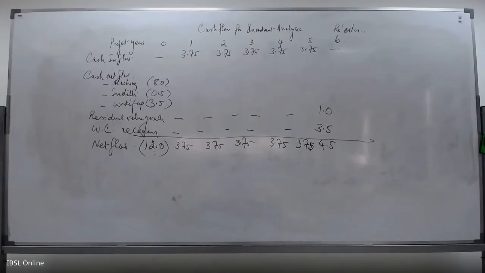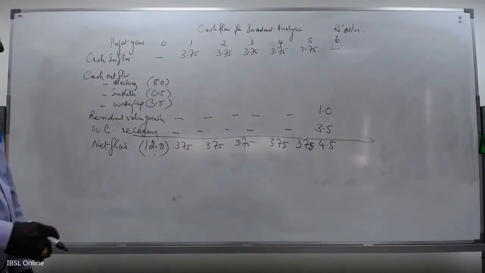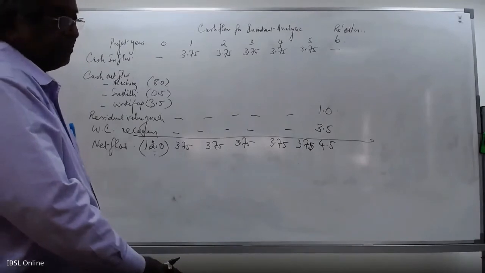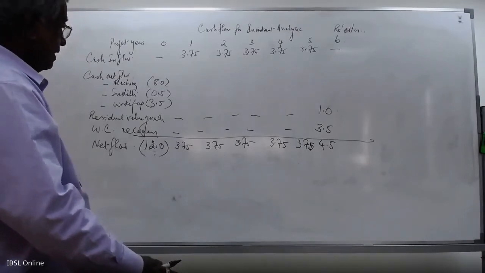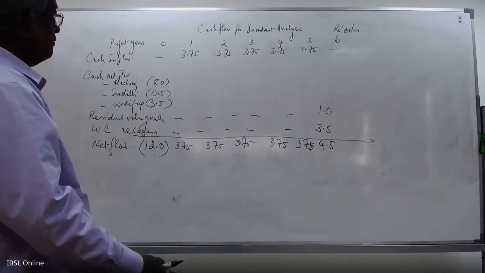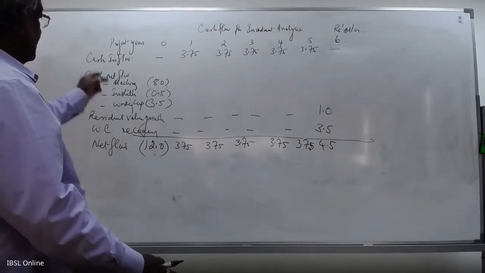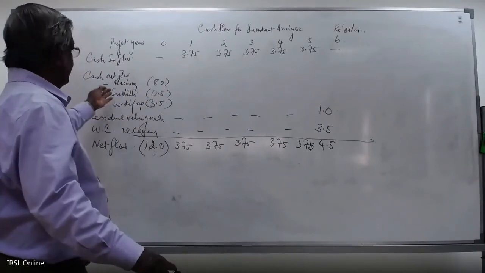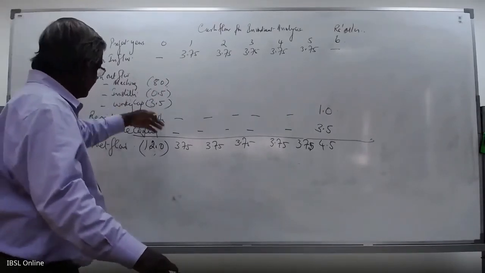So to see whether this investment is worthy, we have to do discounting and convert this into a discounted cash flow. So once again, these are the investments: your machinery, then installation, and the working capital 3.5.